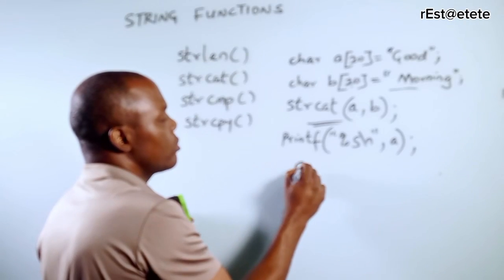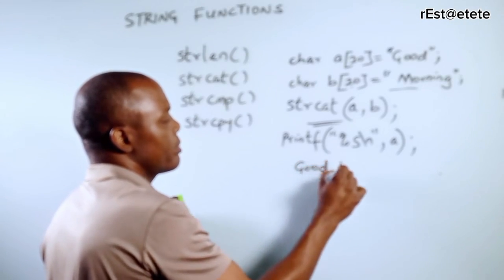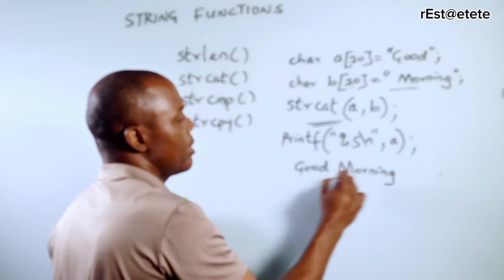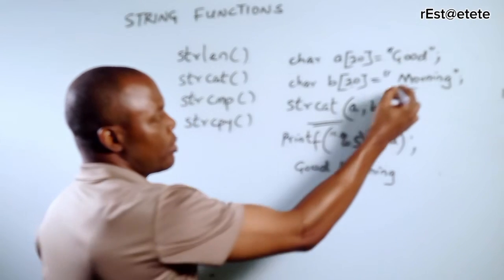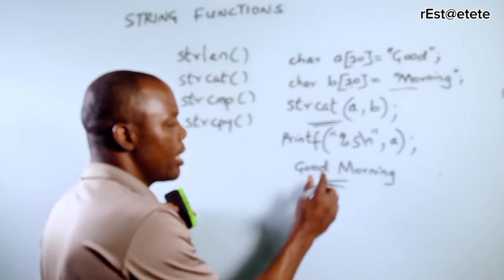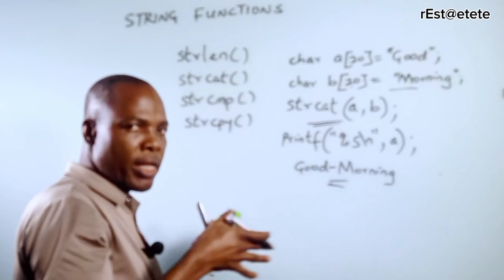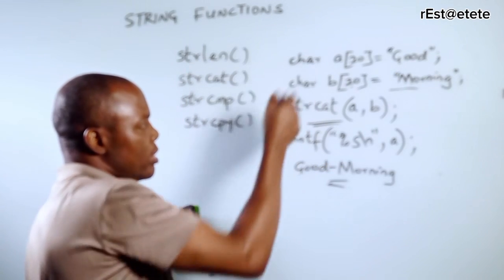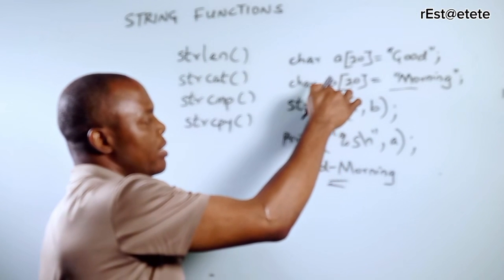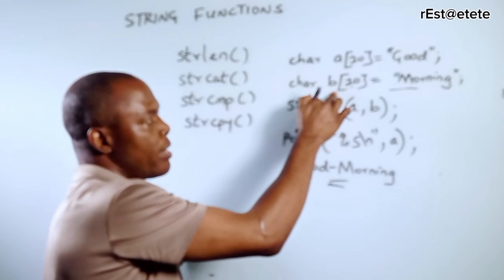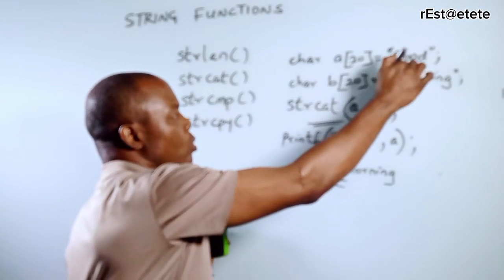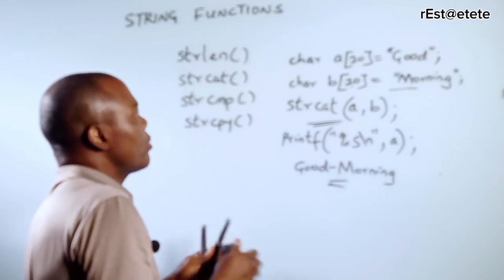This will give me good morning. It will print out good morning on the screen because there's a space between here and here. If I don't put that space, let's say I join these together, this will be one word. They'll be together. So that is what this concatenate does. It appends whatever is in this other array, in memory space, to this other one. So that is what it does.